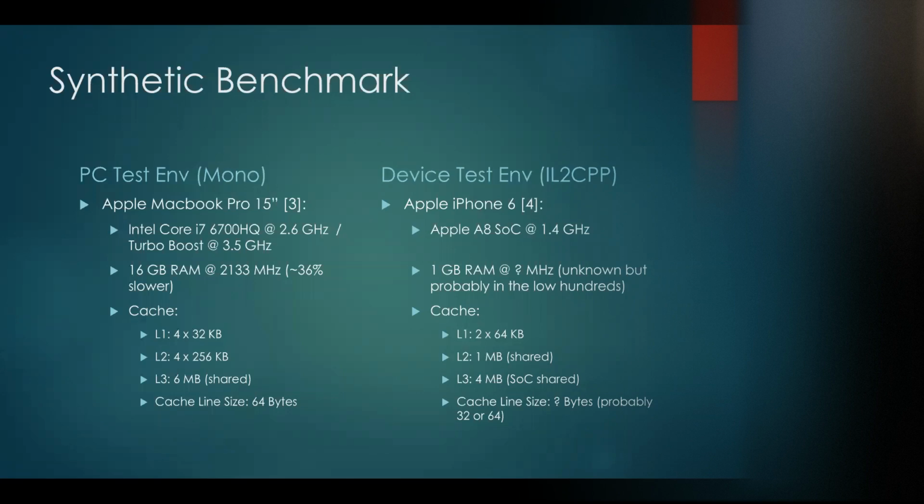This one is 256K, and then we have effectively that one shared cache, which is 6 megs, pretty big, shared between all the cores. And then our cache line size, which is effectively how many bytes we read every time we go to RAM and we bring to cache, is 64 bytes. This is documented, this is known, it's data that the manufacturer gives us.